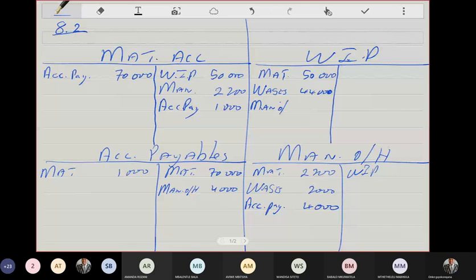You simply take that 44,000 times the 30%. So your manufacturing overheads absorbed is going to be 13,200. Then we've got all three elements that we're looking for in order to complete the product: the material, wages and manufacturing overheads.